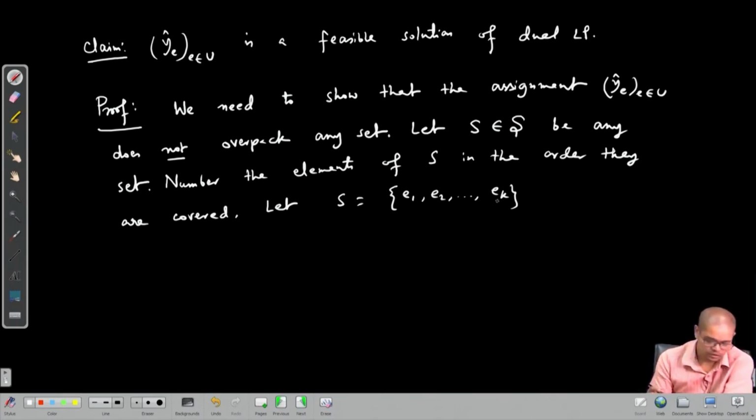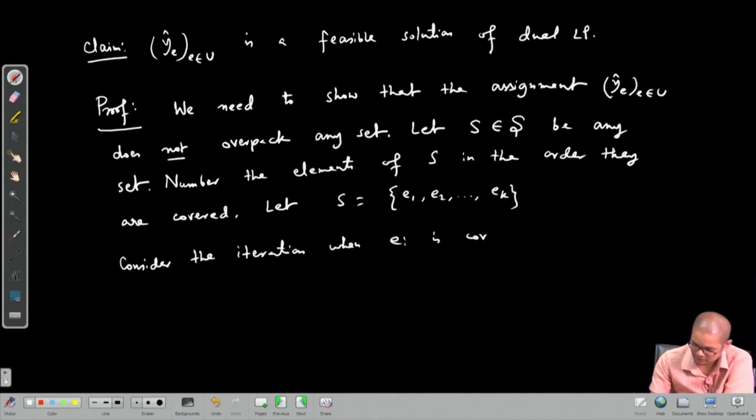Now, consider the iteration when Ei is covered. So, we will bound the price of Ei, because the price of Ei is set when Ei is covered for the first time.